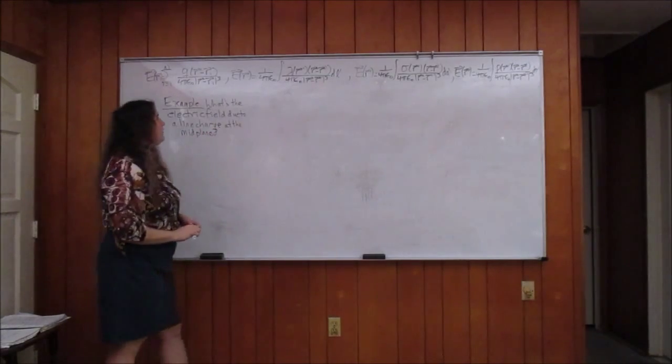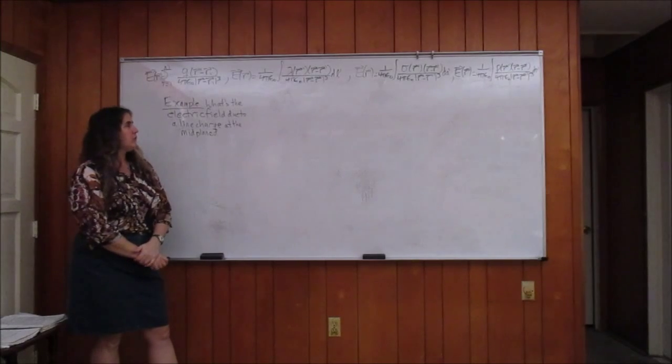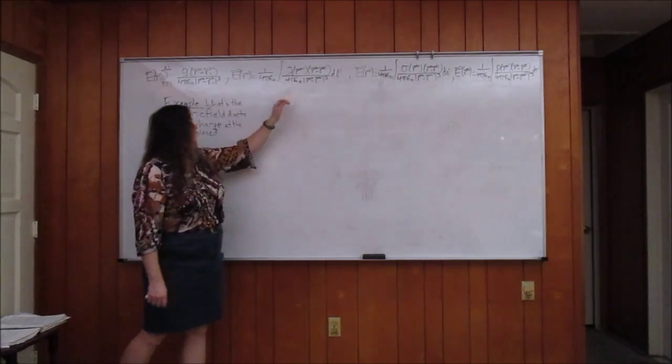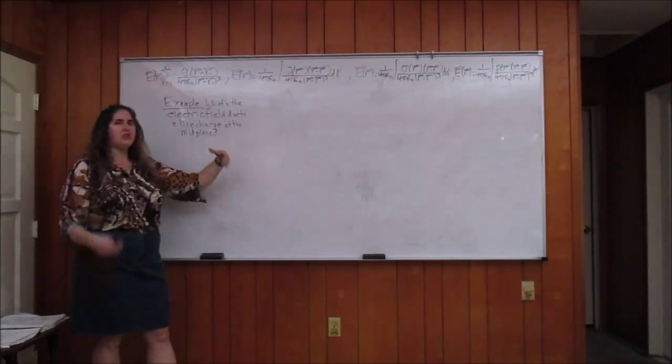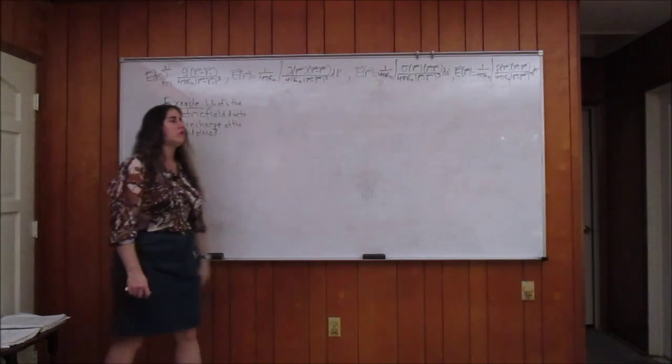First order of business is to determine what dimension problem we are doing. Well, you're talking about a line charge. It's basically a wire, so that's clearly one dimensional. We'll be using that first integral.